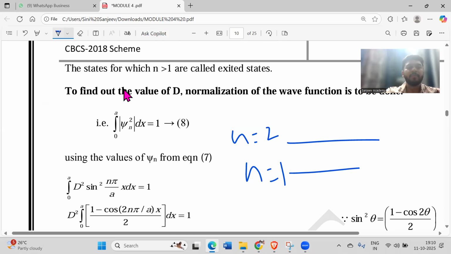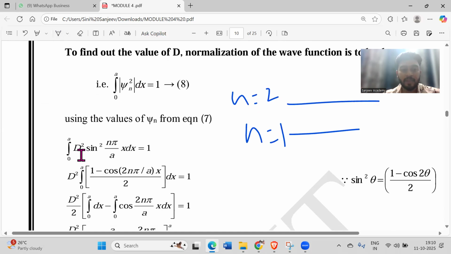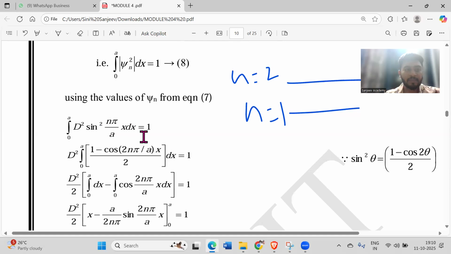Okay, so coming to this. To find the value of d, this psi, this is my wave function, the integral of psi square dx is equal to 1. So instead of this wave function, what I'll put? D square sine square something. Now, don't get perplexed by seeing this equation. Simple equation only.